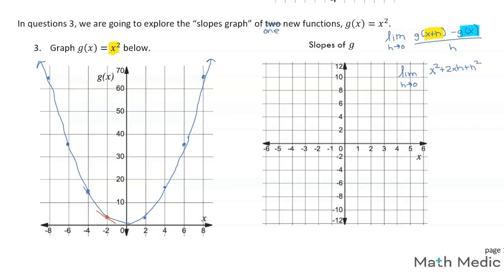Then I want to subtract off g of x, which is just x squared, all over h. The x squareds go out, and then I can factor out the h. And then when I apply the limit, that second h goes, so I'm left with just 2x. This becomes the derivative.